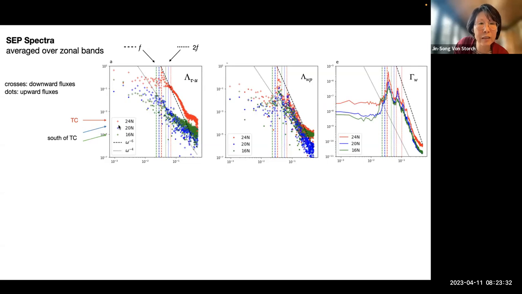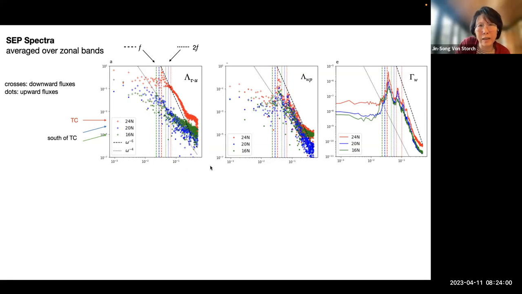The red is a band at about 24 degrees north, where we have a tropical cyclone, and equatorward of that, these are 2 bands where we don't have tropical cyclones. The dashed lines are the local Coriolis frequency, and the dotted lines are 2 times that, with the color corresponding to the zonal band.